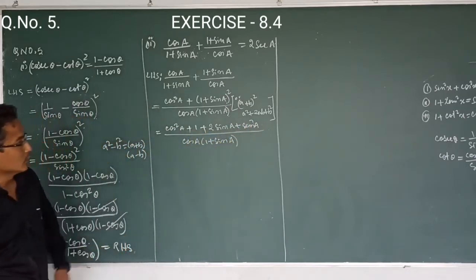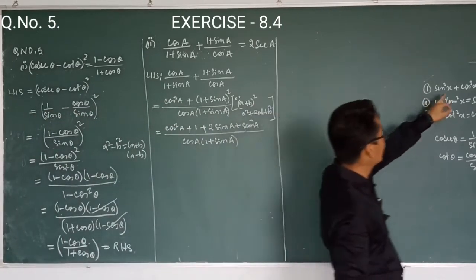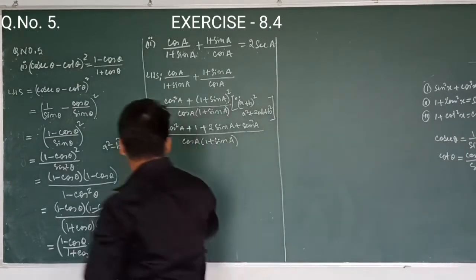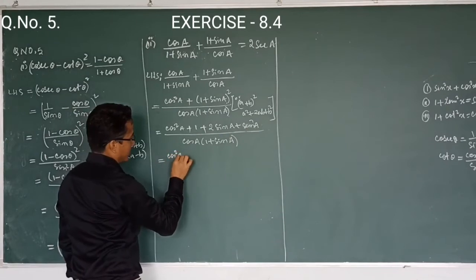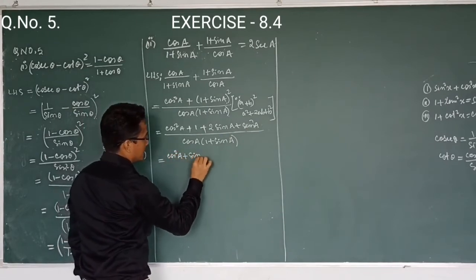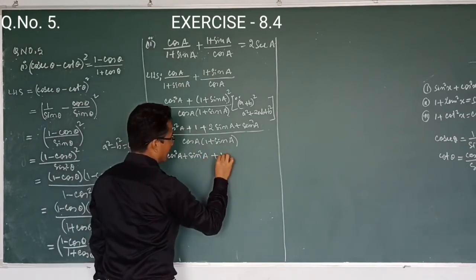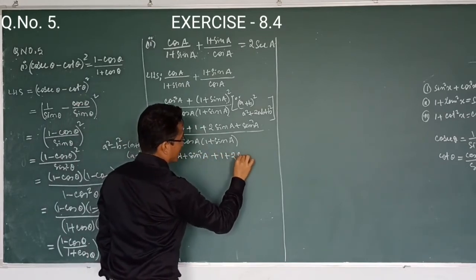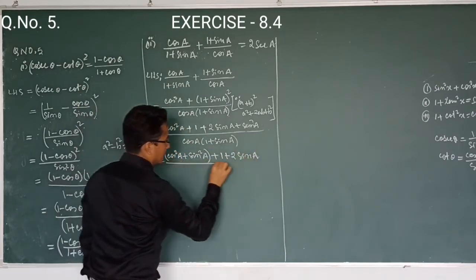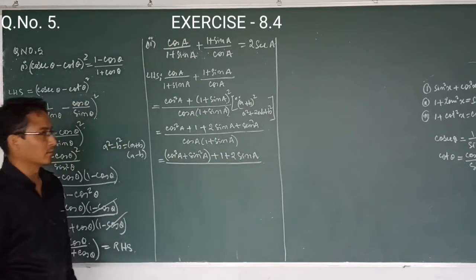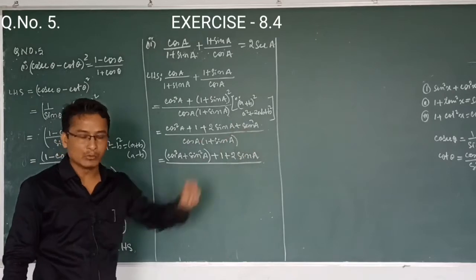Now cos square plus sin square A is equal to 1, so we write this at the same place: cos square A plus sin square A, then plus 1 plus 2 sin A. This we will put 1 because we know that sin square x plus cos square x equals 1.